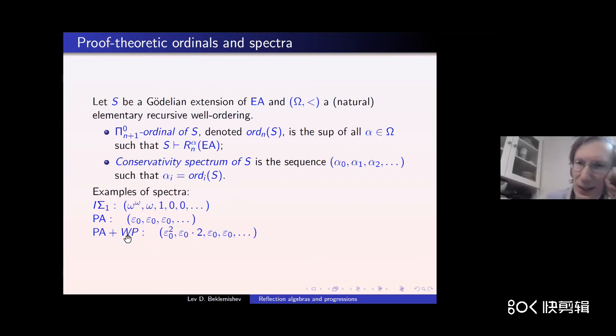The Worm principle accounts for the increase here, somewhat strangely to epsilon 0 square, and the other part, the PA axioms, gives you epsilon 0 here. Of course, I didn't define epsilon 0. Probably I should say that epsilon 0 is the supremum of omega, omega to the omega, omega to the omega to the omega, and so on and so forth. That's the famous proof-theoretic ordinal of Peano arithmetic.